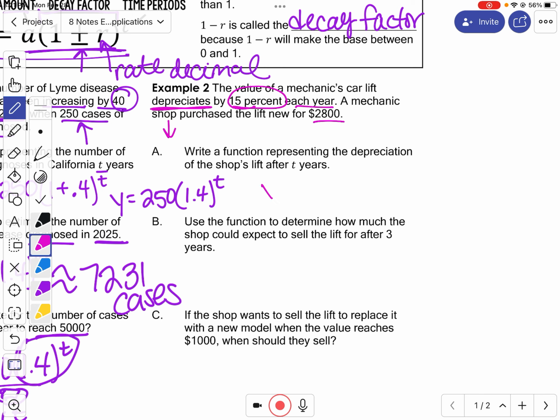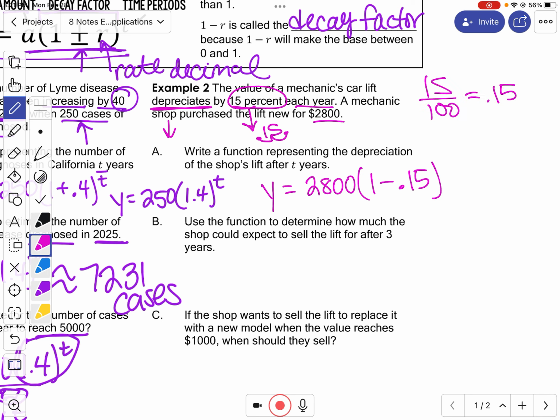So writing your function, I don't know the final amount after so many years, we're starting with $2,800 for the value of the lift at the beginning. It's depreciating, so I need a 1 minus 15%. You need to change that to a decimal, so move your decimal 2 places to the left, which would be 0.15, or divide 15 by 100 to get your answer, which is still 0.15.